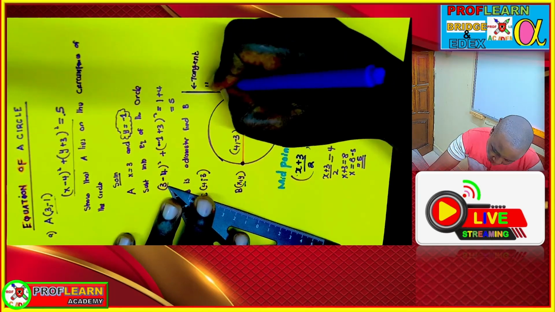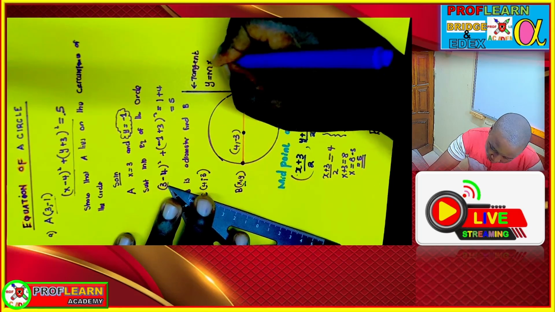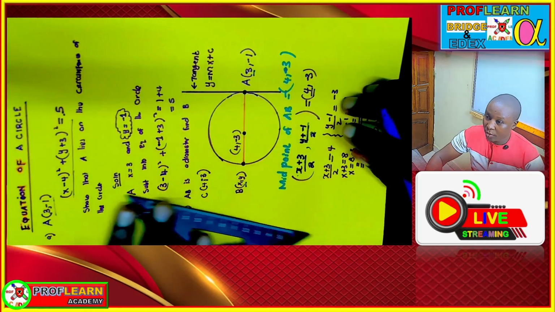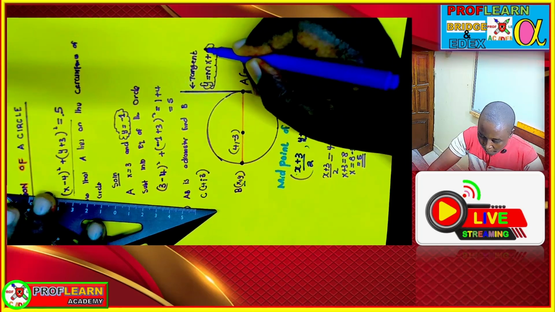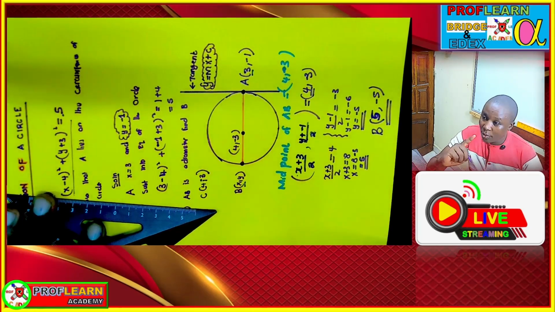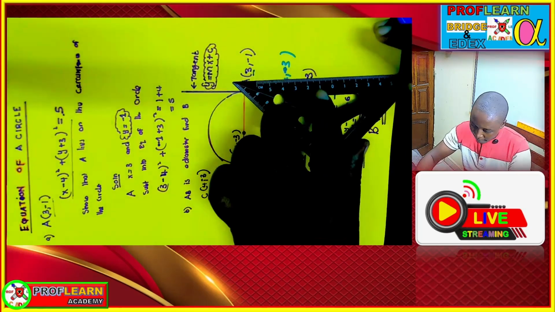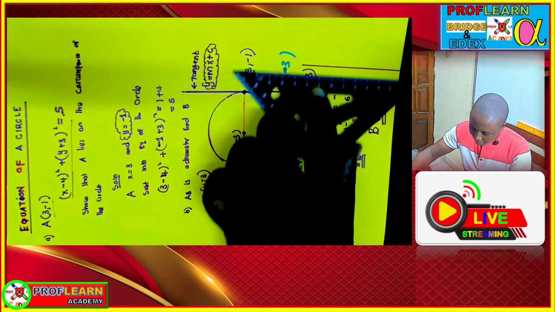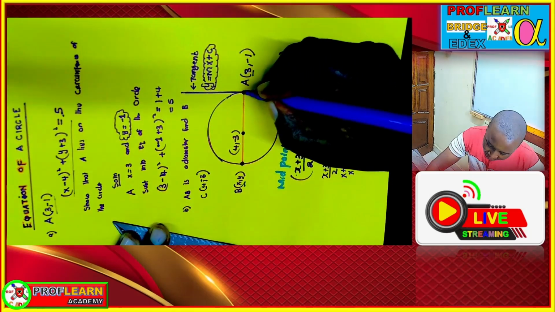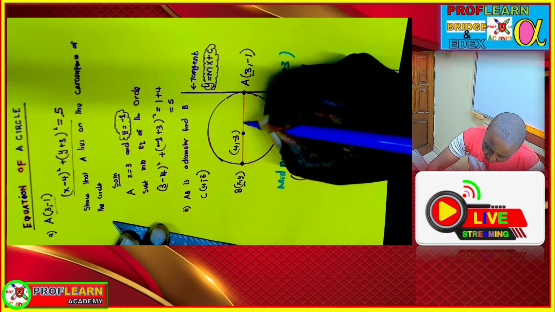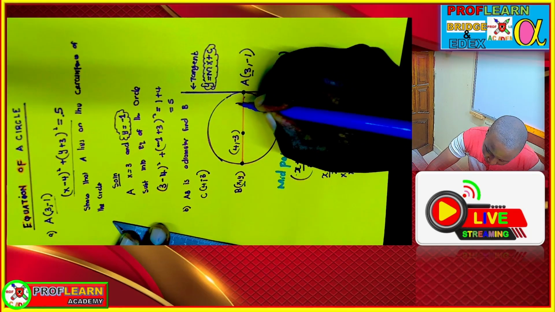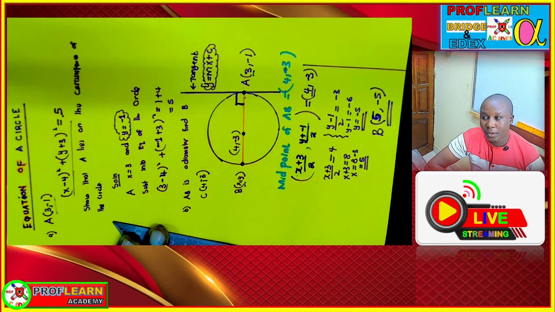And the tangent has the equation y equals mx plus c. That is the equation of a straight line in that case. So we need to agree that this tangent and the radius form 90 degrees at that given point.